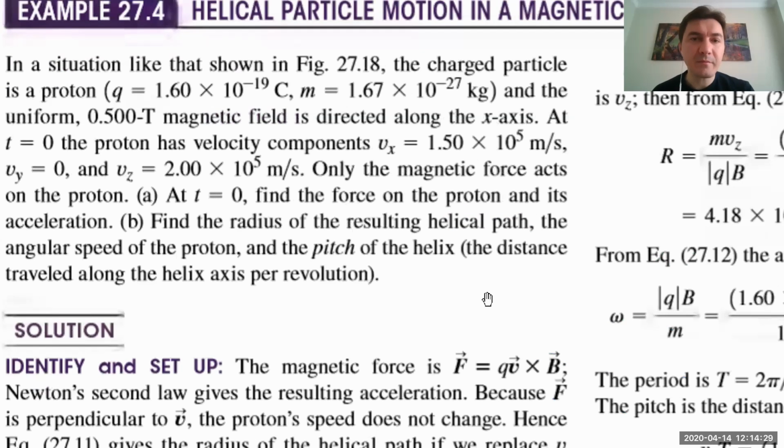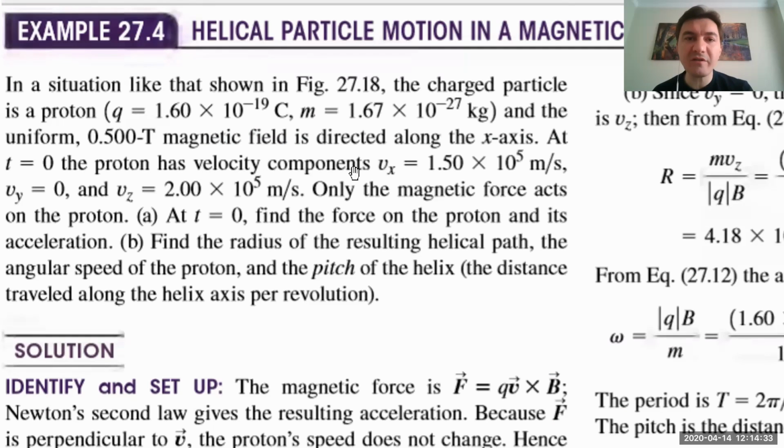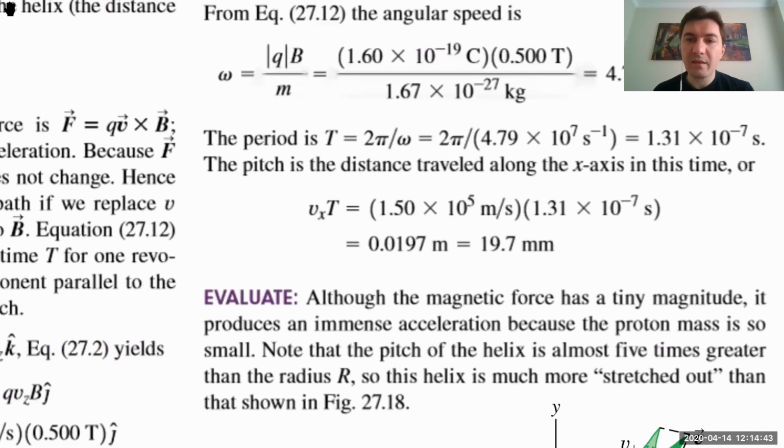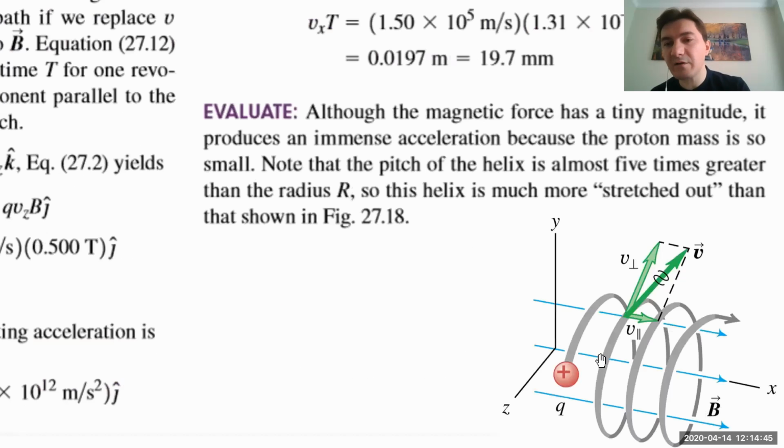But at time t0, the proton has velocity components along the x direction and z direction. In the y direction, it has no velocity.